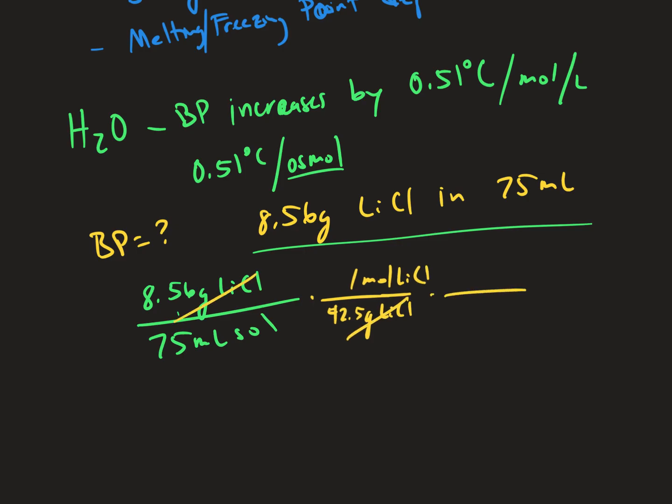That goes away. Now we have moles per milliliter, so we need to convert milliliters into liters. So milliliters goes away. Now we have moles per liter. That's great, but we want osmolarity, so what do we do? Multiply by the number of particles dissociated in water.